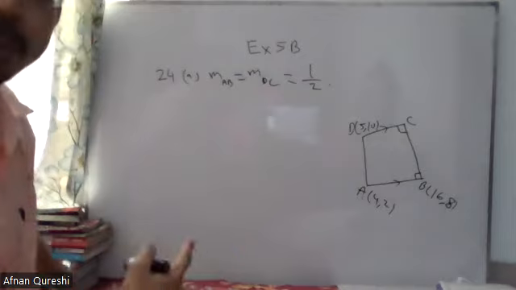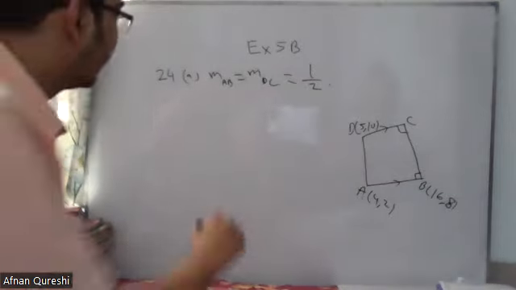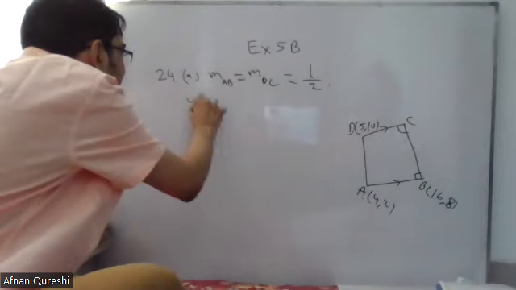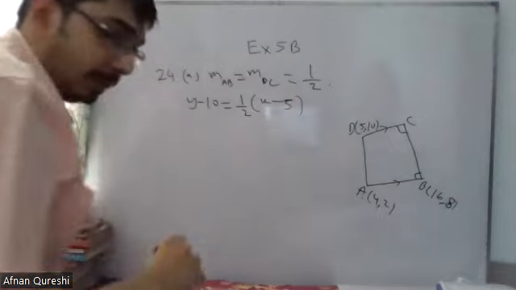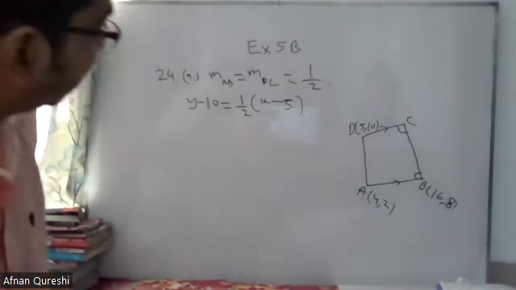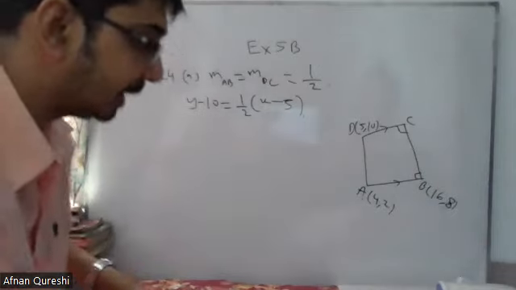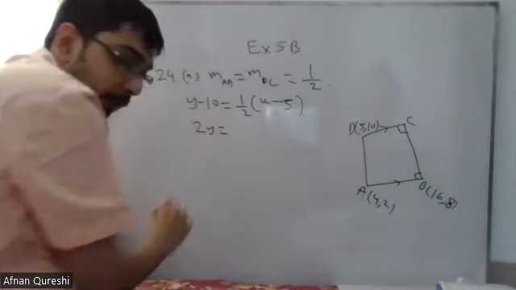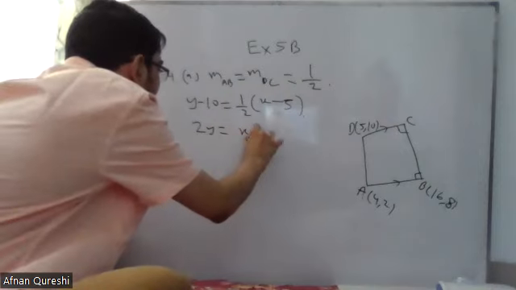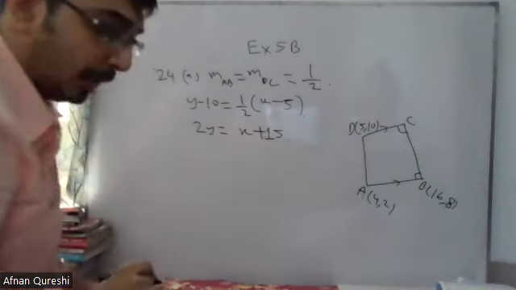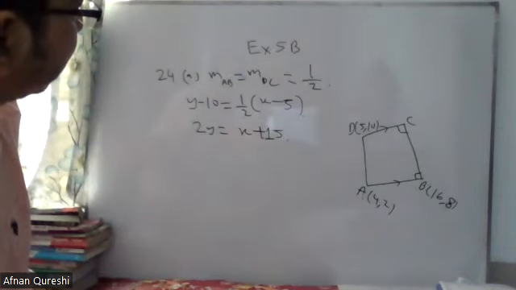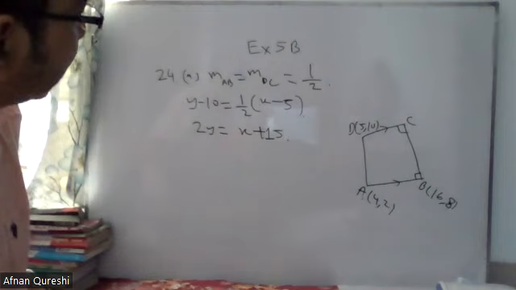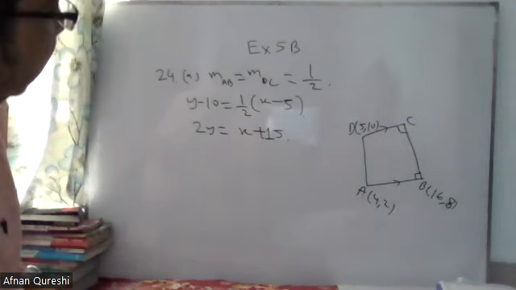I'll apply y minus y1 equals m into x minus x1, using the coordinates of D. If I want, I can simplify by multiplying both sides by 2, and then I get 2y is equal to x plus 15. So this is the equation of CD.